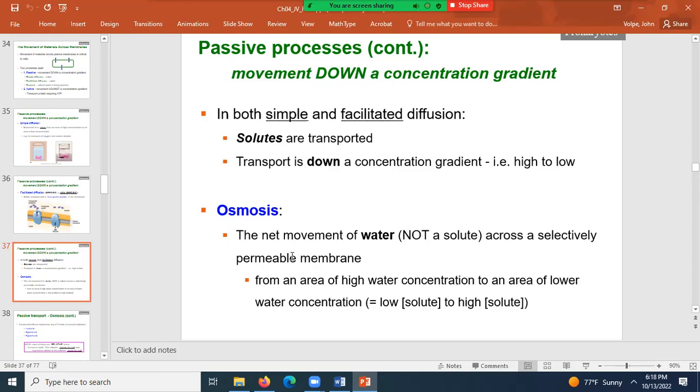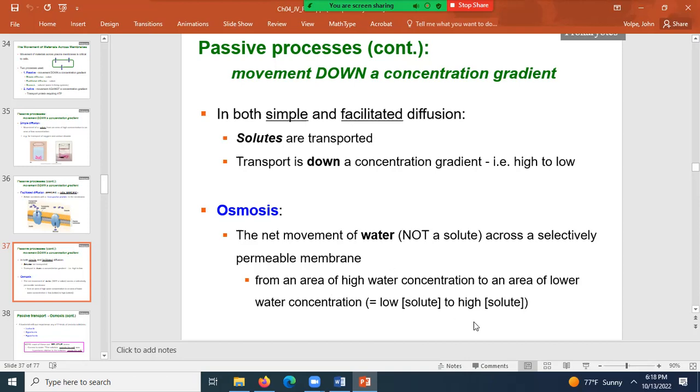Now, when we're talking about water moving across the cell membrane, you should realize that we use the solute to define what is high and what is low. If the solute is low in concentration, meaning lower outside the cell than inside the cell, then the water is the reverse of that.